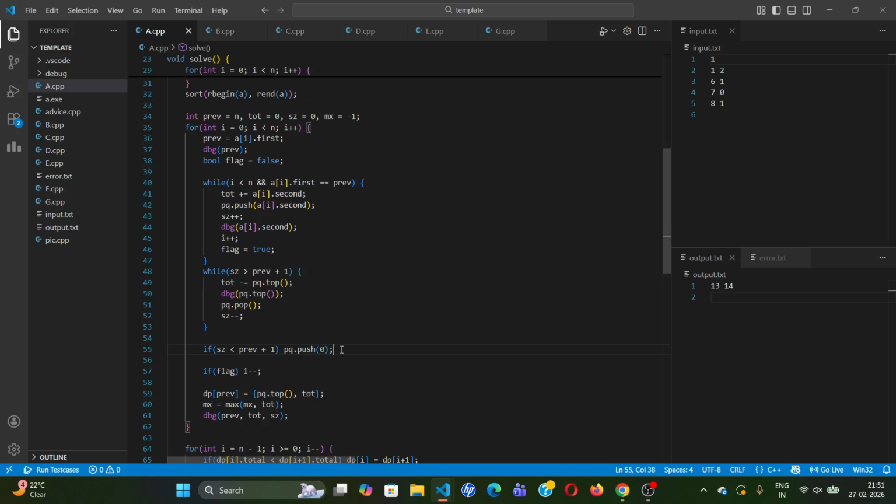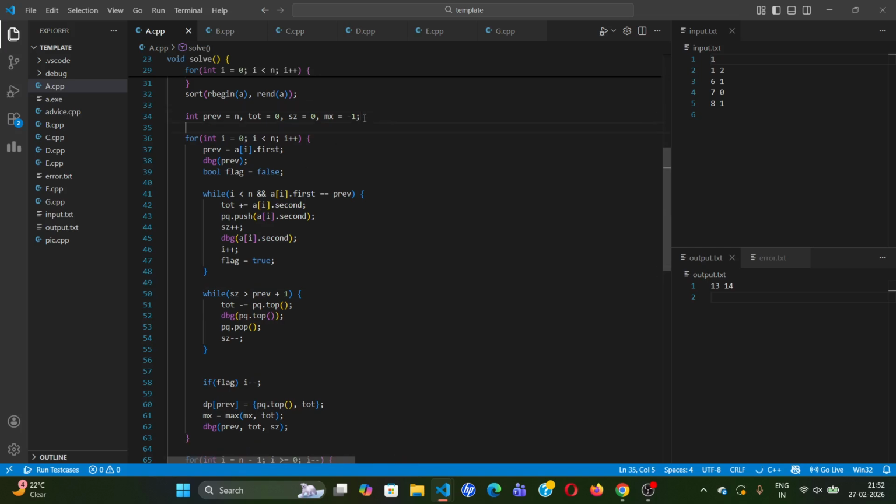Okay, to make minimum is 0, but that is not possible. But it is already filled. It is already filled. Then we can do it here.